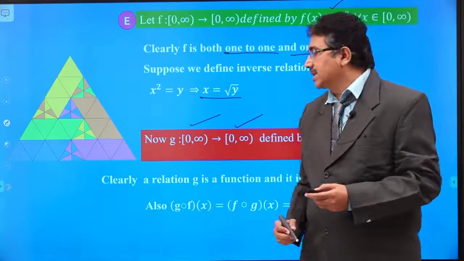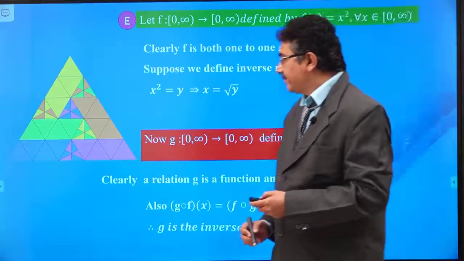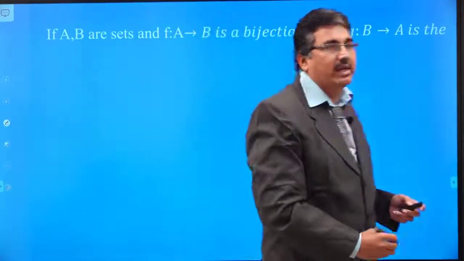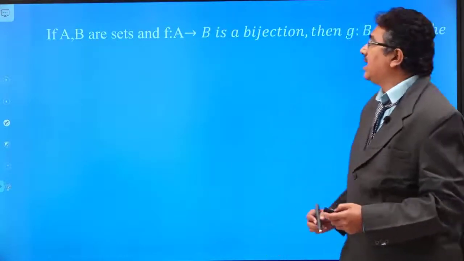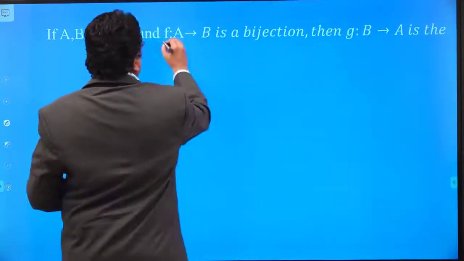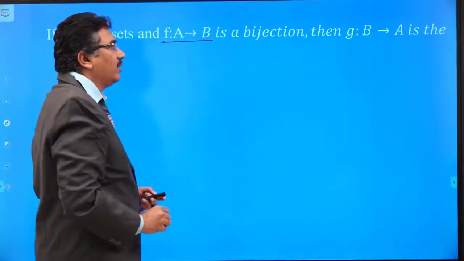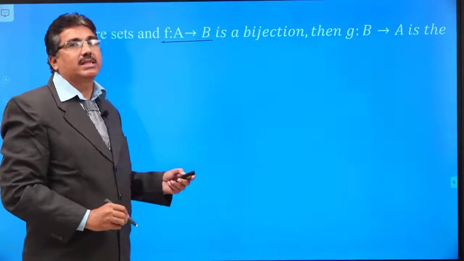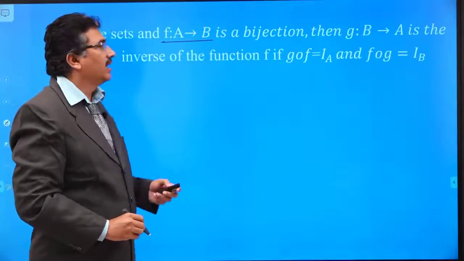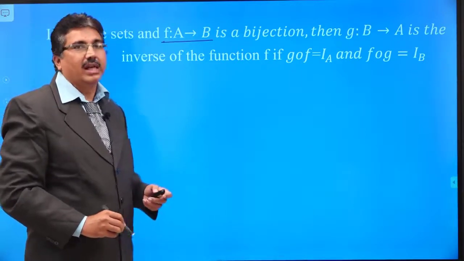Now, from the above examples, we can conclude that if A, B are two sets and f mapping from A to B is a bijection, then g mapping from B to A is the inverse if g circle f is equal to I_A and f circle g is equal to I_B.